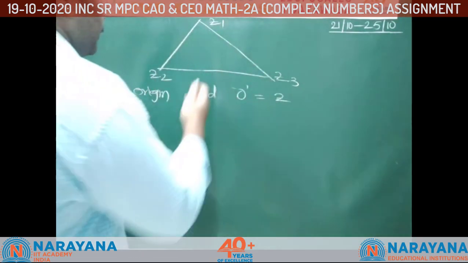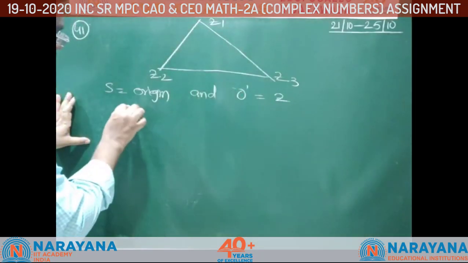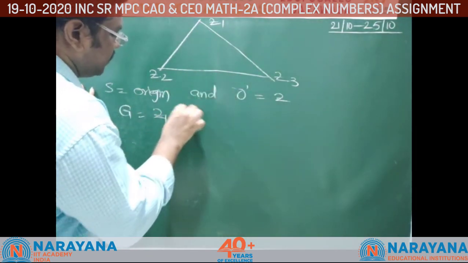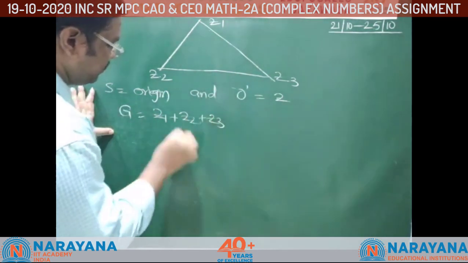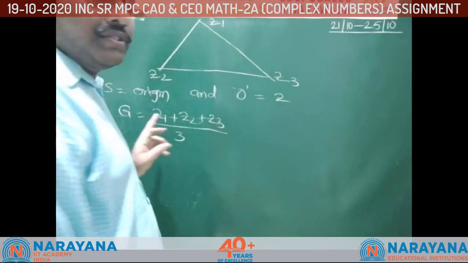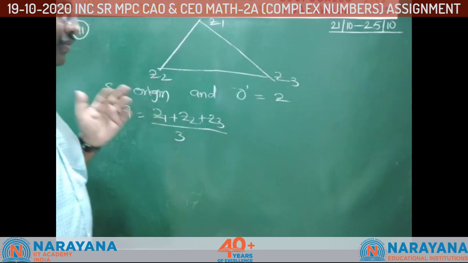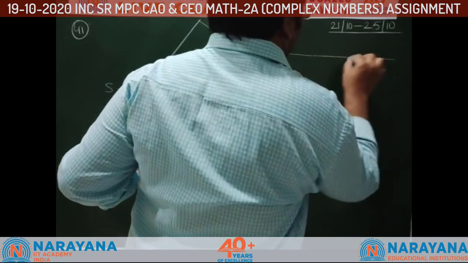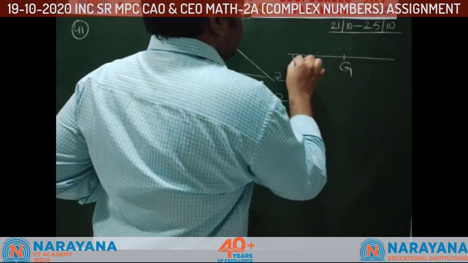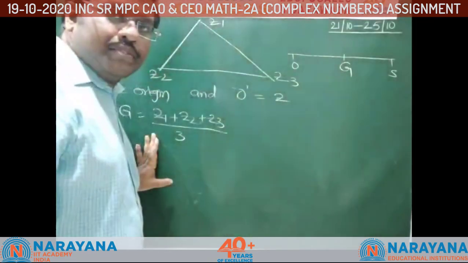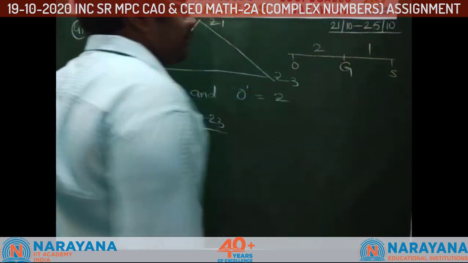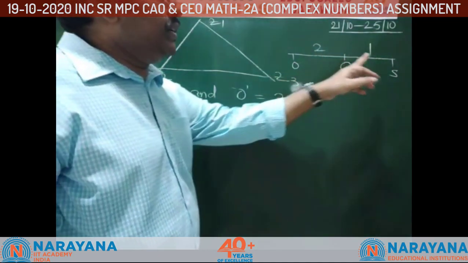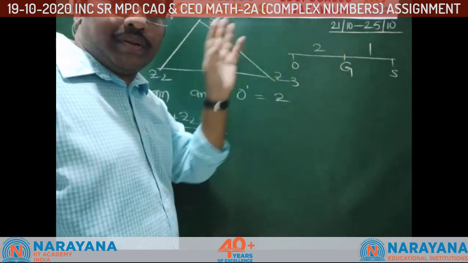So we know that in this triangle, the centroid G is equal to (Z1 plus Z2 plus Z3) by 3. In any triangle, the centroid divides the orthocenter and circumcenter in the ratio 2:1.